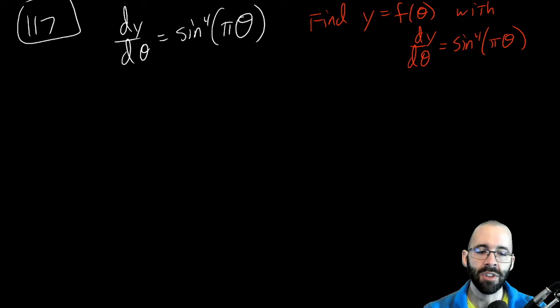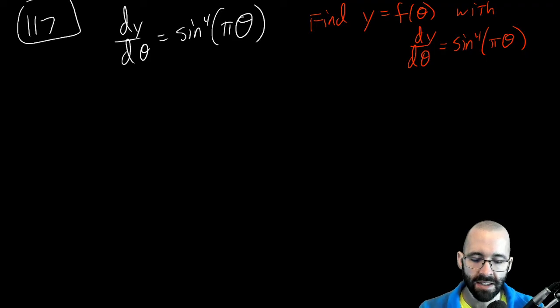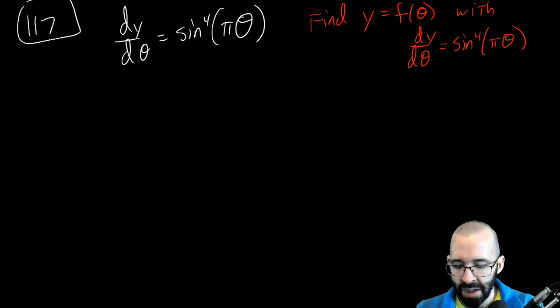Now, maybe the differential equation has other derivatives in it or more complicated methods, but here there's actually going to be infinitely many answers. If two things are equal to each other, then their integrals are equal to each other plus or minus a constant. So we can take the antiderivative of both sides.